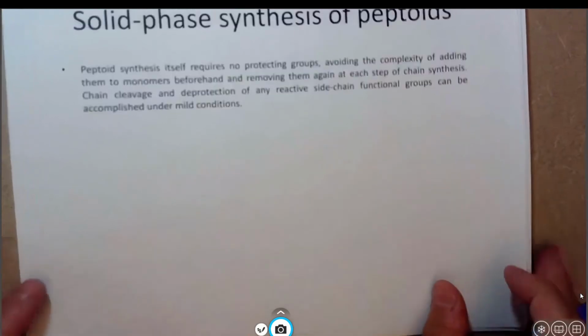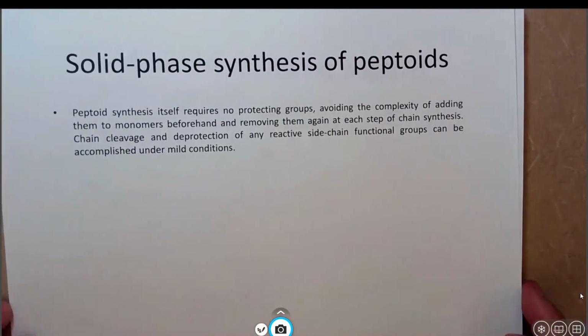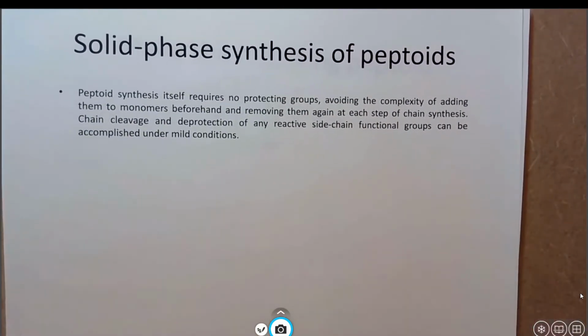So what's really nice about peptoids in general is that synthesis itself doesn't usually require protecting groups. So you avoid that complexity of adding them to monomers beforehand and then removing them at each step of chain synthesis. So you'll see in a moment that the synthesis is actually much simpler.